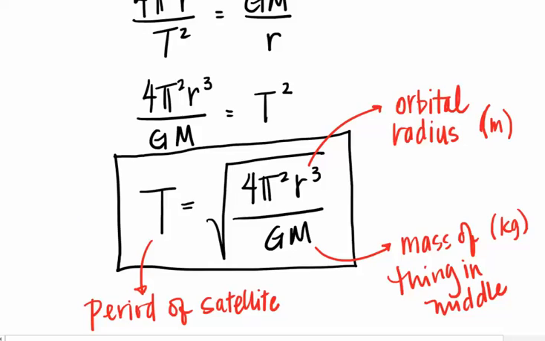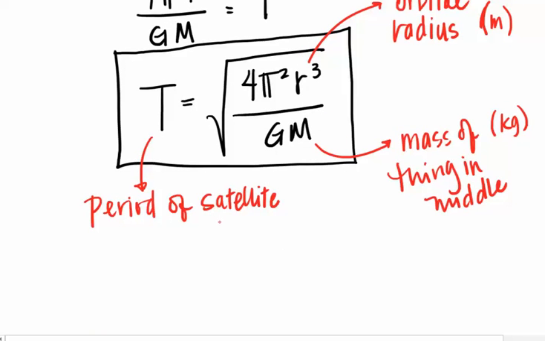The T is the period of the satellite, the thing that's doing the orbiting, and period in this equation is measured in seconds. So one thing we need to be careful about is, for example, what's the period of the Earth's revolution around the sun?